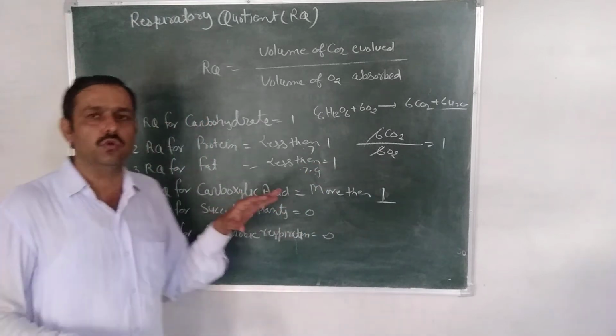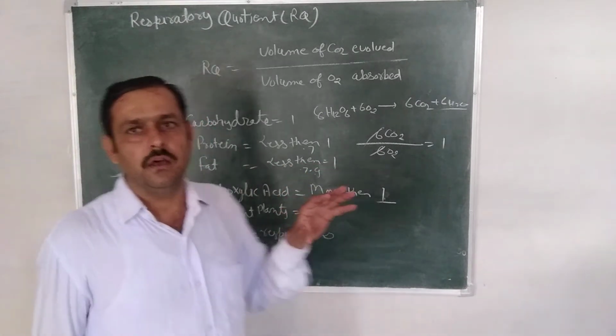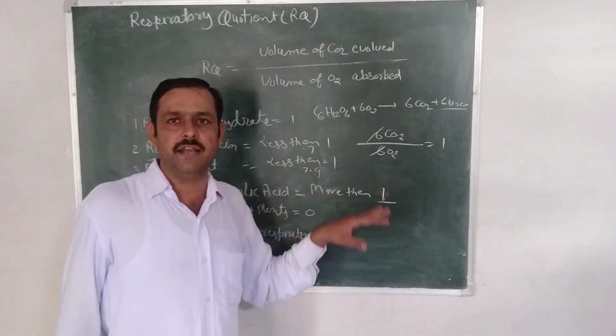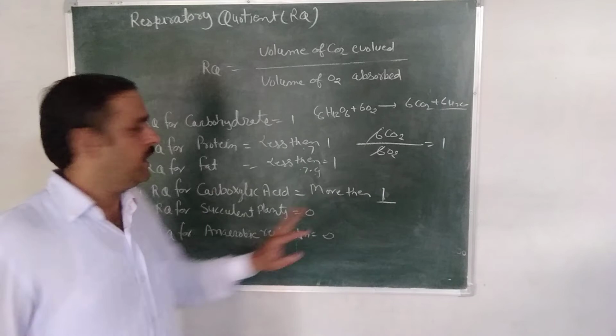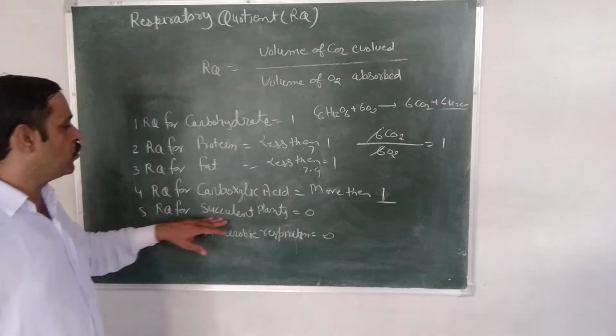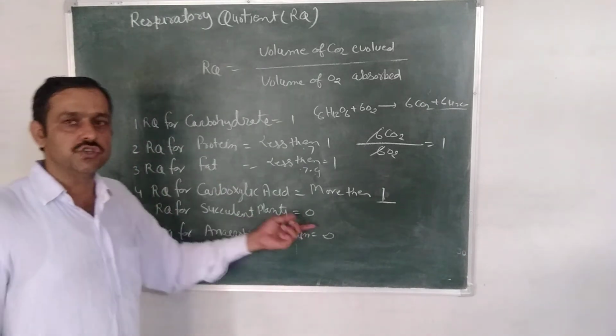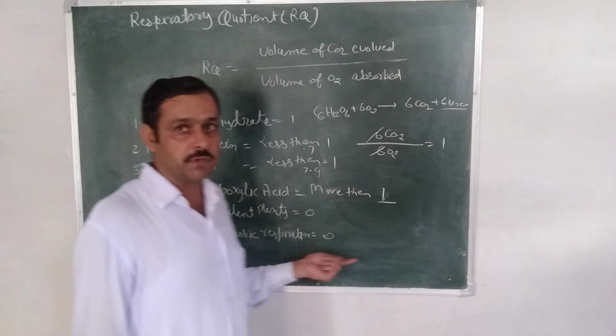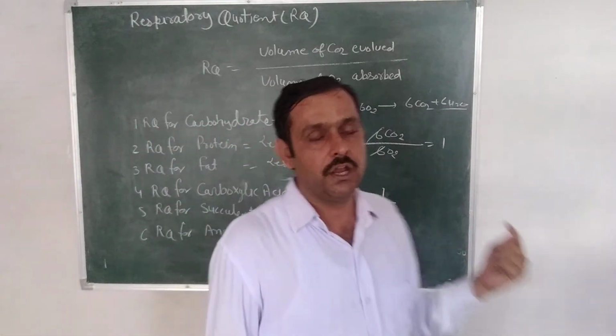So we write their RQ values on the basis of carbohydrate: more than 1 or less than 1. RQ for succulent plants is 0, and RQ for anaerobic respiration is infinite.